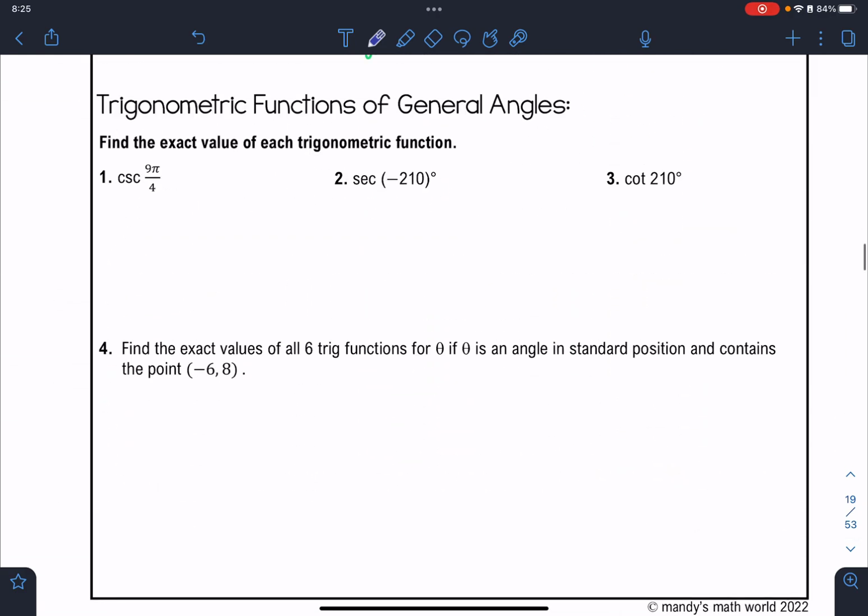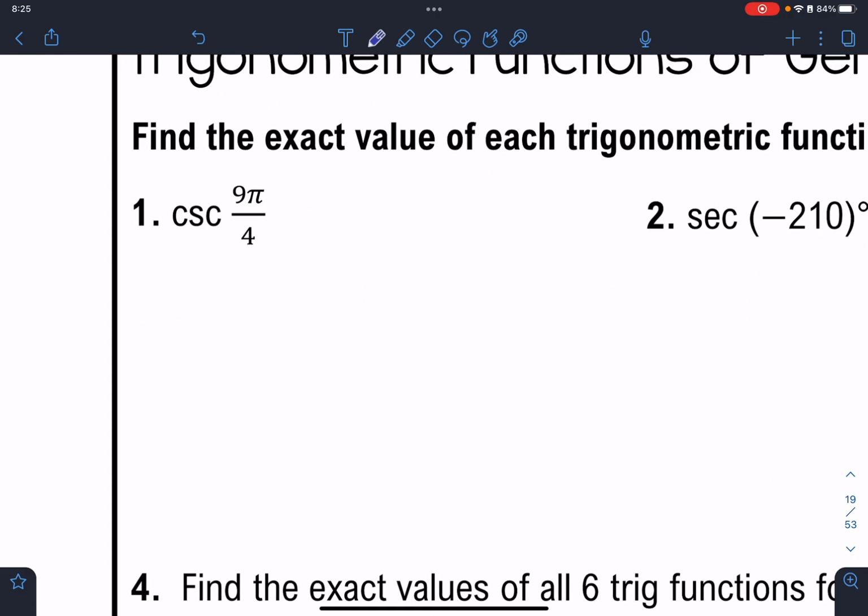So that way I can figure out what is coterminal with 9 pi over 4. If I add 2 pi, I'm just going to get another larger number, so I need to bring that down because that fraction is too big. So we're going to subtract 2 pi, but I need to make sure I have the same denominator. So if I subtract 2 pi here, I really need to subtract 8 over 4, right? 8 over 4 is 2.